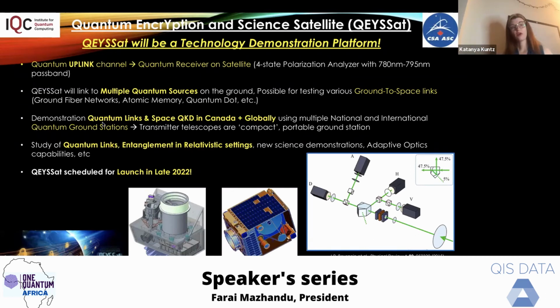So yes, the overall goal is to demonstrate quantum links and QKD in Canada, and also to study things, as I mentioned before, like entanglement in relativistic settings, trying to push this envelope of finding the physics between the macro and the micro.